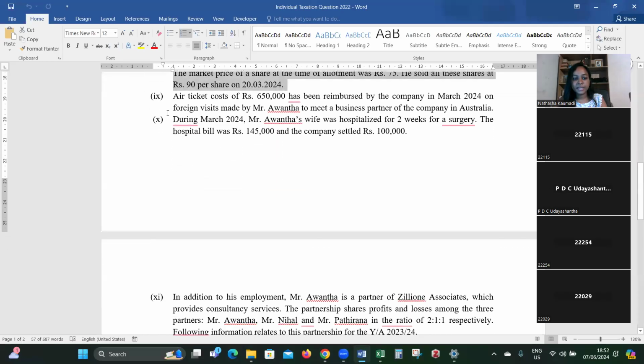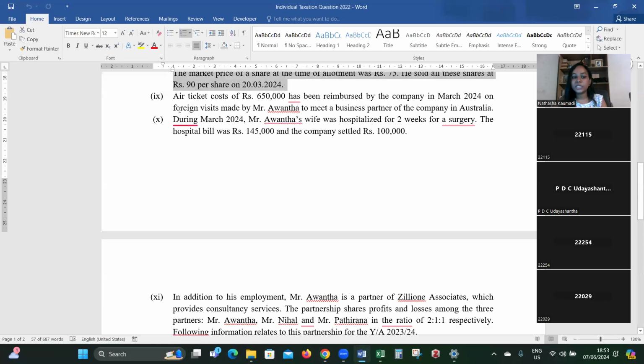And then number 9, an air ticket cost of 650,000 has been reimbursed by the company in March 2024 on foreign visits made by Mr. Avantha to meet a business partner of the company in Australia. So it's a reimbursement of air tickets, but you need to see the purpose.